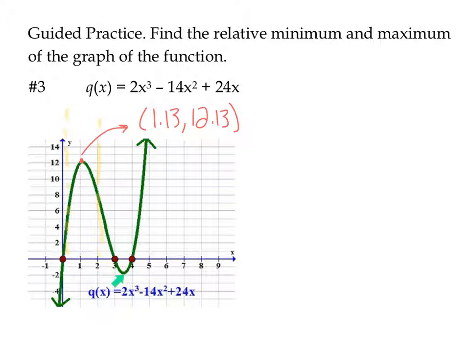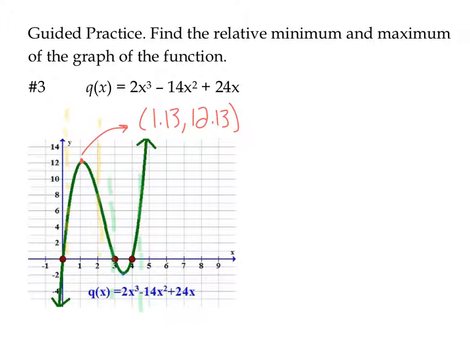And now down here is a relative minimum, because this is the minimum value in this particular portion of the graph. So again, we're going to want to set a left and right boundary, anywhere on either side of this, left of this point and right of this point, and we're going to calculate that point right there.